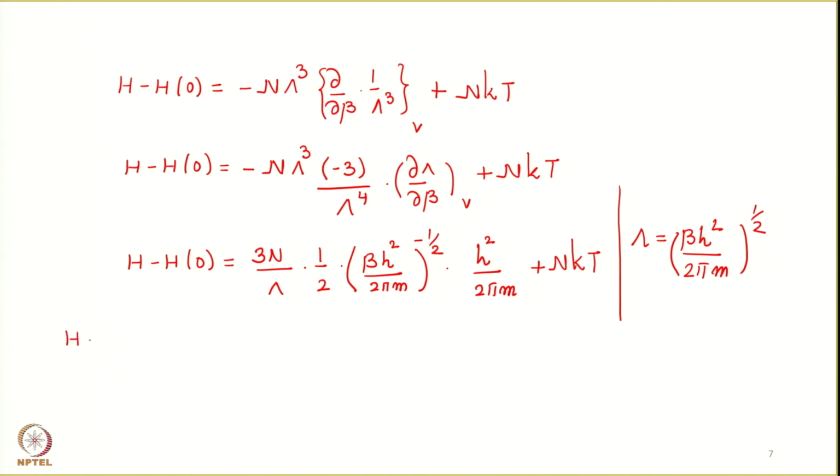I have H minus H0 is equal to 3n by 2 lambda into beta h square over 2 pi m raised to the power minus 1 by 2 into, now I will do some very small trick. I will multiply by beta h square over 2 pi m and I will divide by beta.